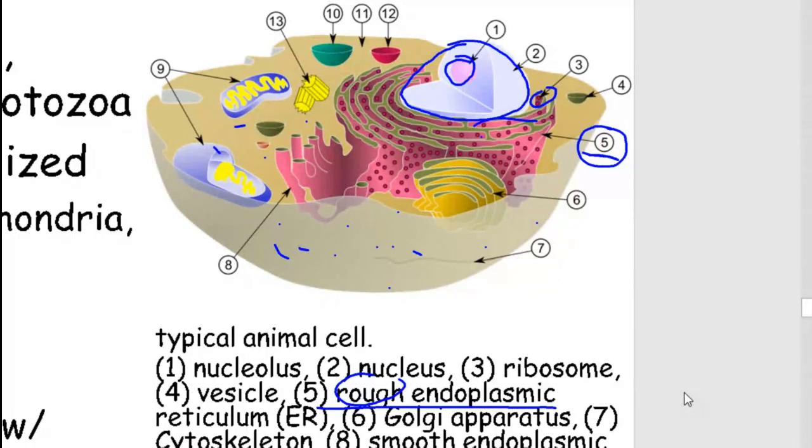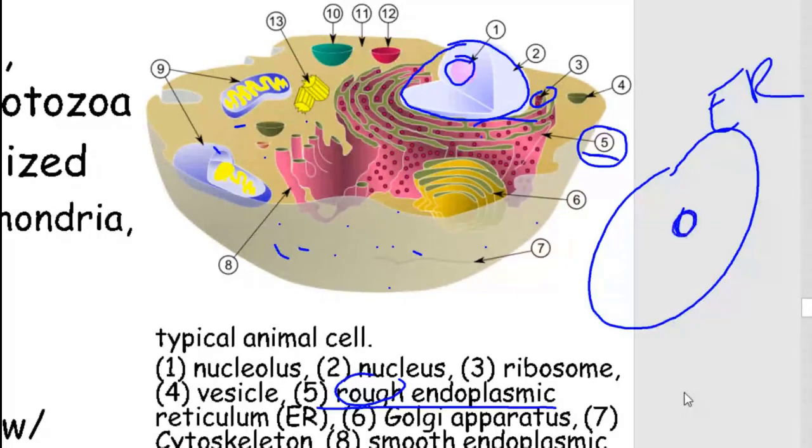Okay. Let's say this is an ER, this is a ribosome. As the RNA molecule is translated into a protein, that protein can enter the endoplasmic reticulum and get further processed within this membrane structure.